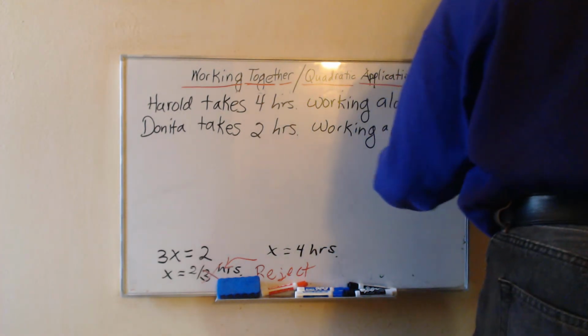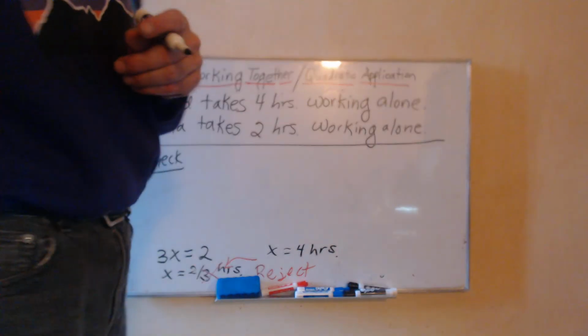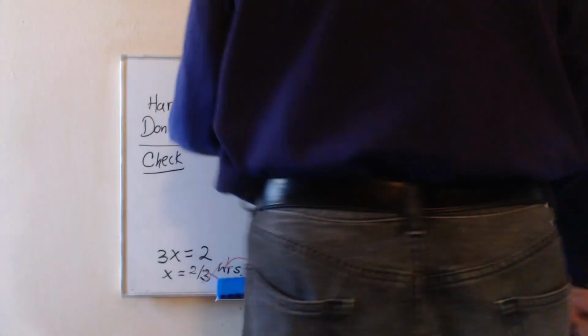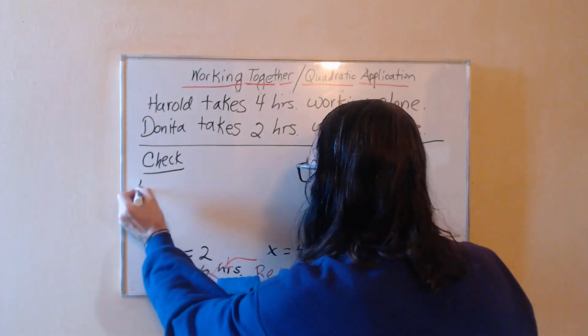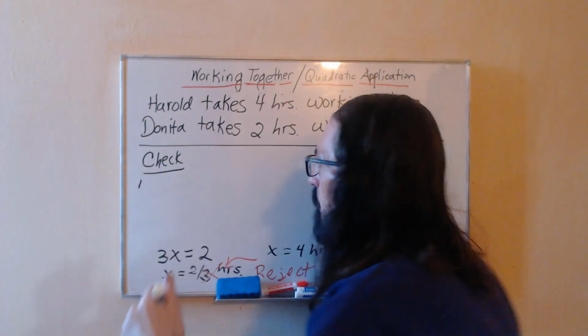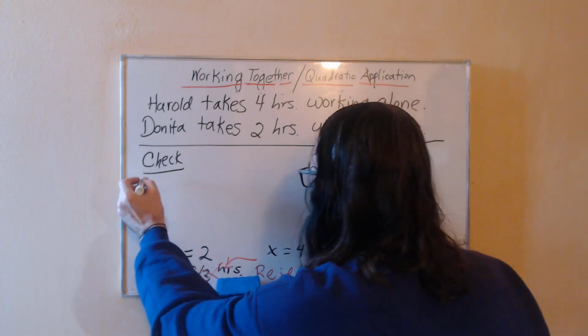That means that Donita has a rate of 1/2. She does one job in 2 hours.